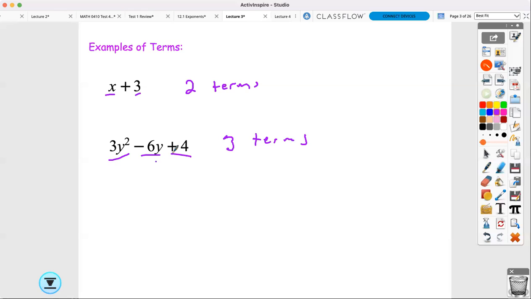That's when we indicate a different term, okay? Any questions so far? No. All right.